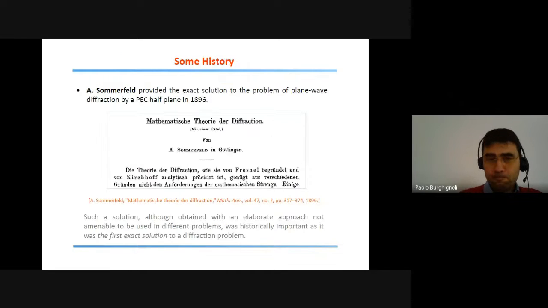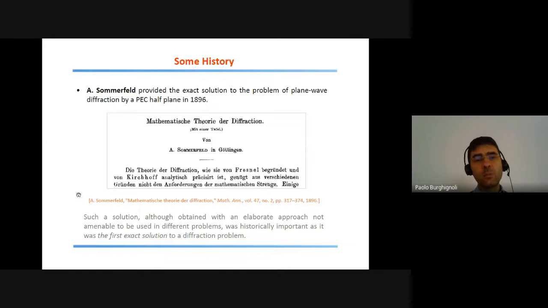Well, some historical remarks. Sommerfeld was the first to find a solution to this problem, and he did that in the paper that is reproduced here in its initial part, the mathematical theory of diffraction. It was written in German, and it appeared in the Mathematische Annalen at the end of the 19th century, as you can see from the reference reported there.